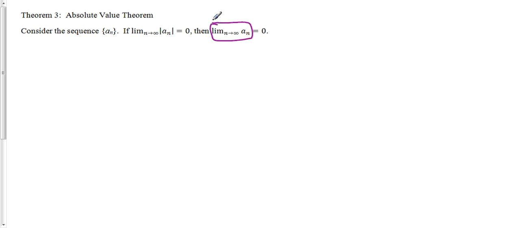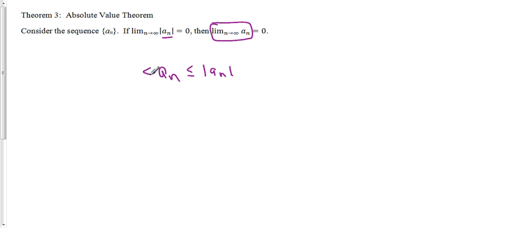Well, here's where things get a little hand-wavy. So I've got my sequence a_n. Well, if I take the absolute value of a_n, which is kind of what I want to do, a_n has to be less than or equal to the absolute value of a_n. If the term in my sequence is -1, well, the absolute value of that is 1. So -1 is less than or equal to 1.